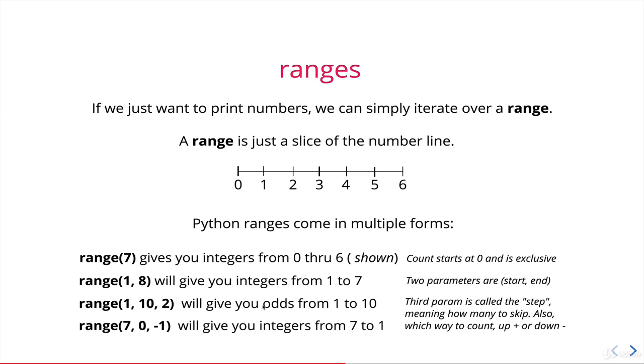So it gives us the odd numbers from 1 to 10, not including 10, which isn't odd anyways. And then we have -1, which is the same thing, except that negative is going to allow us to move downwards. So we go from 7 to 0, and -1, so we're going to step down 1 each time. So the end result is that we get the numbers from 7 to 1, and it does not include 0, just like all the others are exclusive.